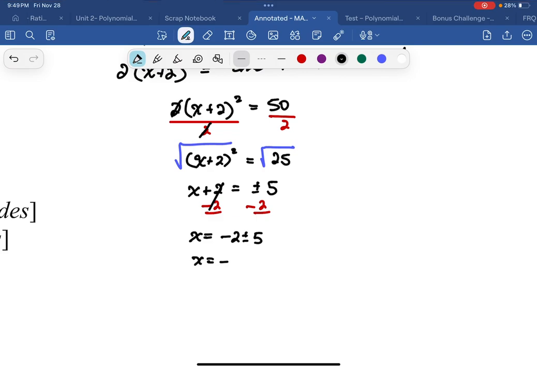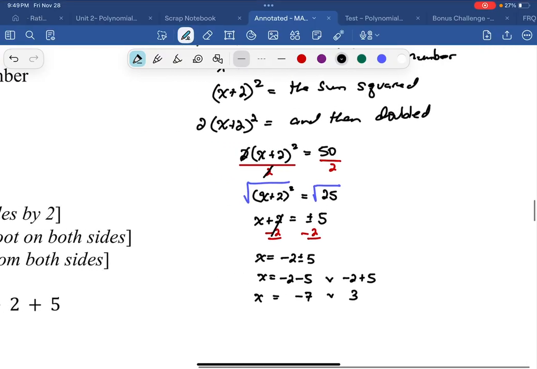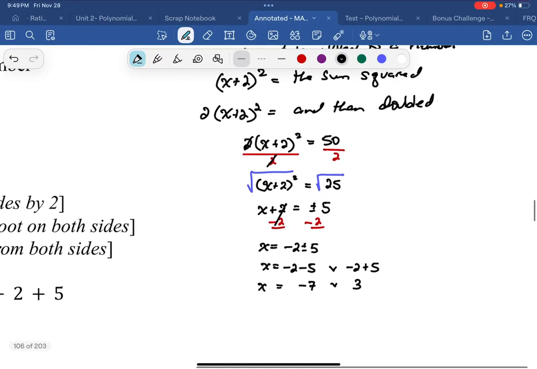But we're looking at negative 2 minus 5, or, we use a little v symbol for or, negative 2 plus 5. So that would be negative 7 or 3. All right, either one of those would be a solution to the problem.